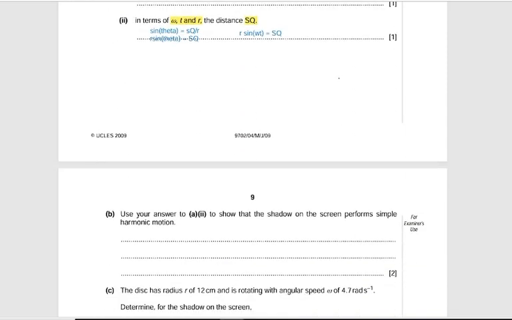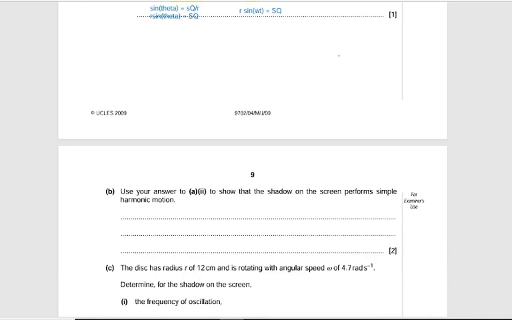Now moving on towards the B part: use your answer to A2 to show that the shadow on the screen performs simple harmonic motion. Every time simple harmonic motion comes up, there is this one equation that we need to keep in our mind.